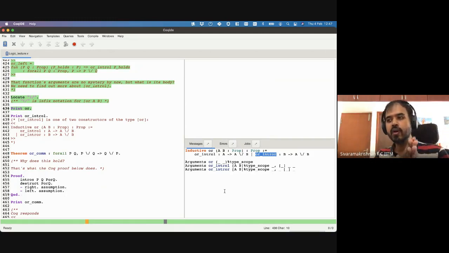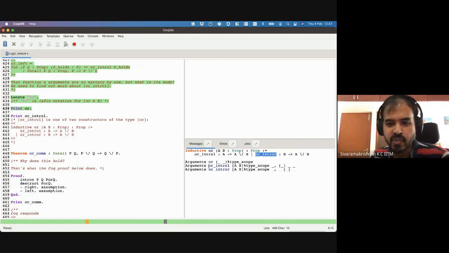If you want to show A or B holds, it can either be A or be B. And that is precisely what these two constructors are meant to give you. So or_introl takes evidence for A and gives you evidence for A or B. That is what we expect. And or_intror takes evidence for B and gives you evidence for A or B. We have two different constructors for constructing the left-hand side and the right-hand side.